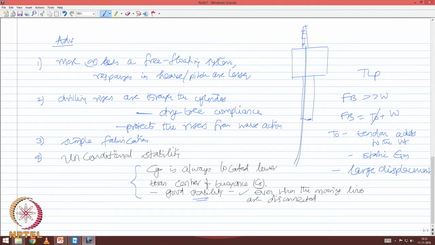Of course, spar platforms have disadvantages. As I said in the beginning, installation is difficult compared to other platforms.